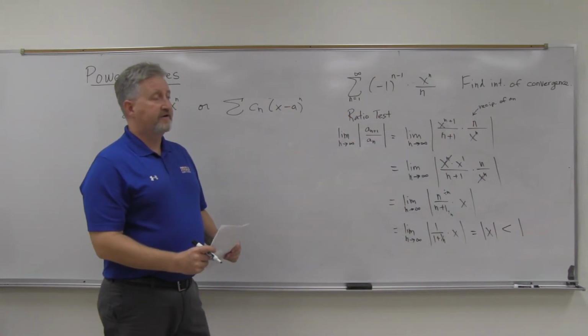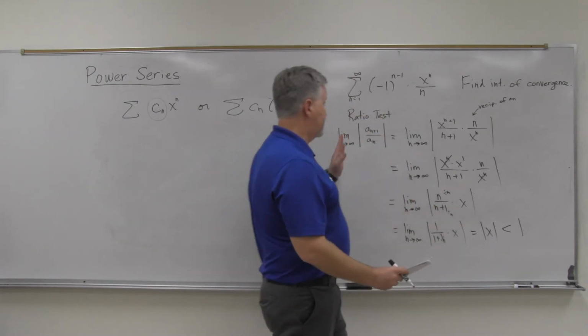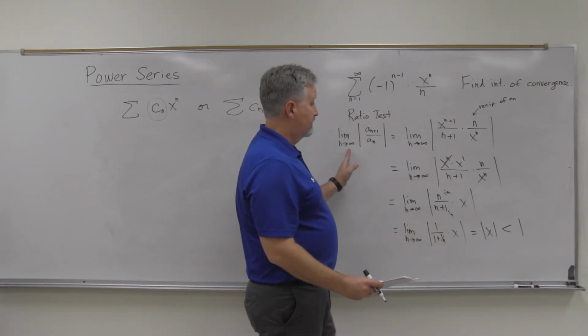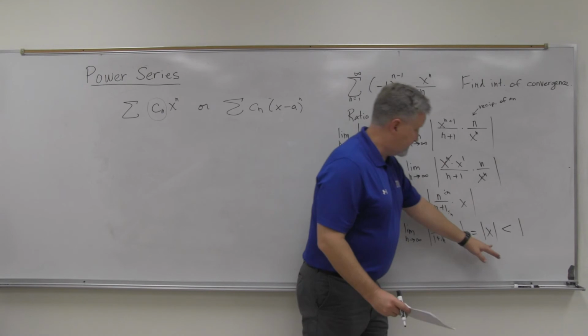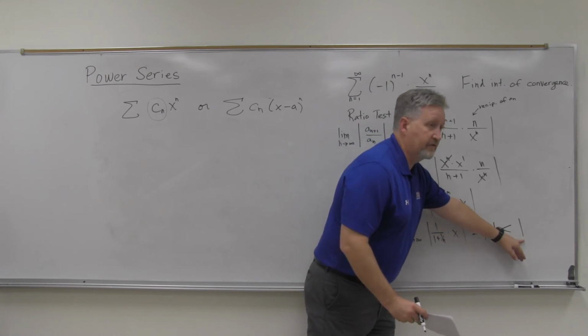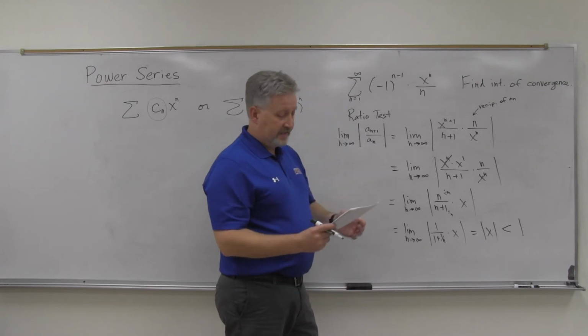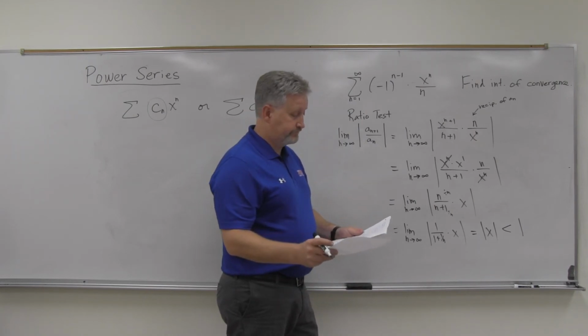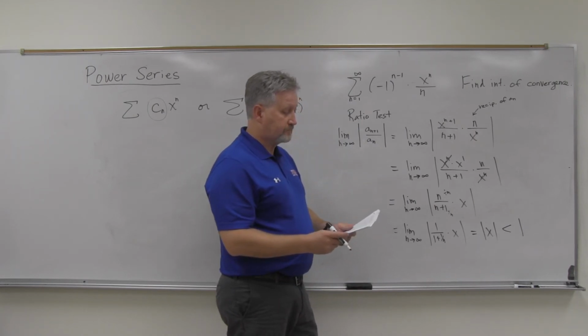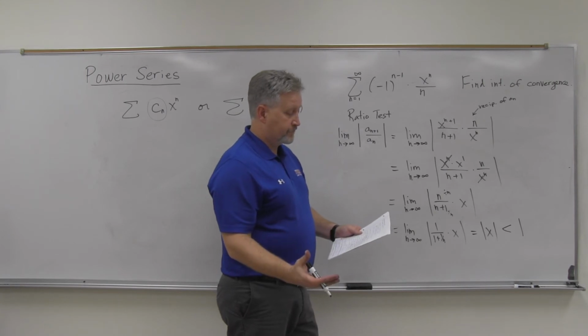So what I've found here is that for this series to be convergent, that limit has to be less than 1. So the absolute value of x has to be less than 1.